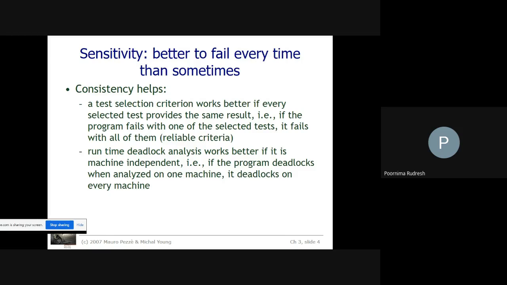Hence this sentence is given: it is better to fail every time than sometimes. Instead of the faults being detected by the customers, if we detect the faults at the earlier stages itself, then the cost of correcting those faults is very, very less.